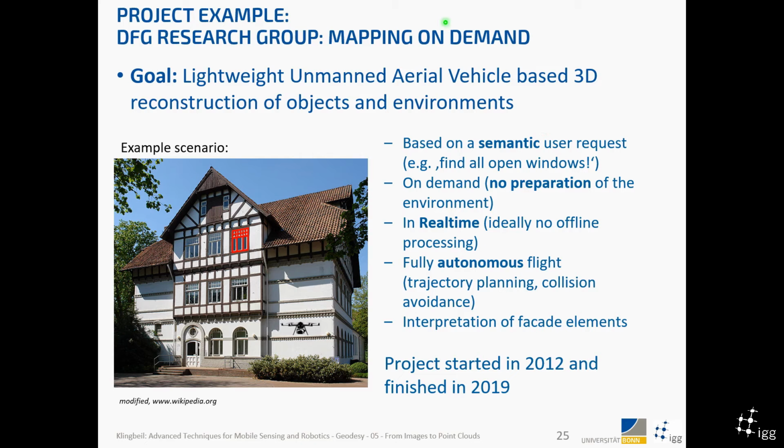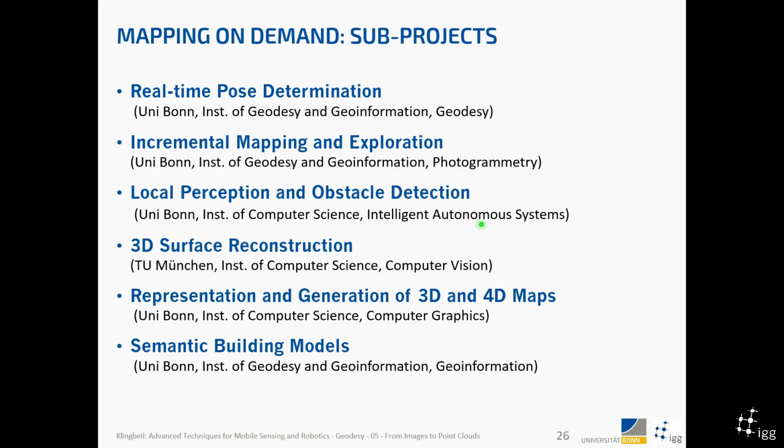So this was the idea of that research group, and it involved a few parts, like the real-time pose determination. This is the one I will talk about now, because this was basically our job. Incremental mapping and exploration was done by the photogrammetry group, and then there were groups for local perception and obstacle detection from the Uni Bonn computer science department, and 3D surface reconstruction from Munich.